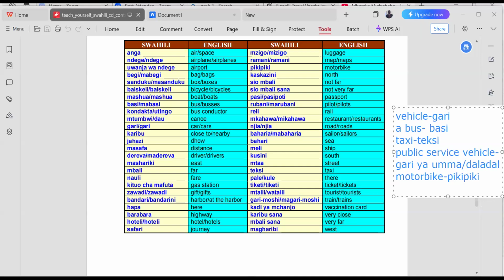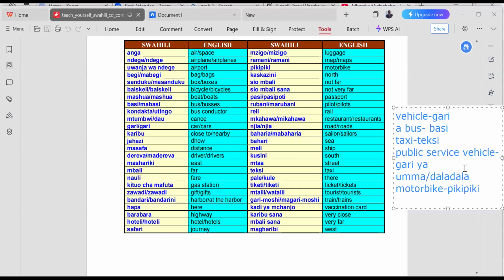When you hear daladala, it's actually the same as public vehicle. Piki-piki is the motorbike. So if you're using road, you can use gari, basi, taxi, gari ya umma, or daladala, or piki-piki.